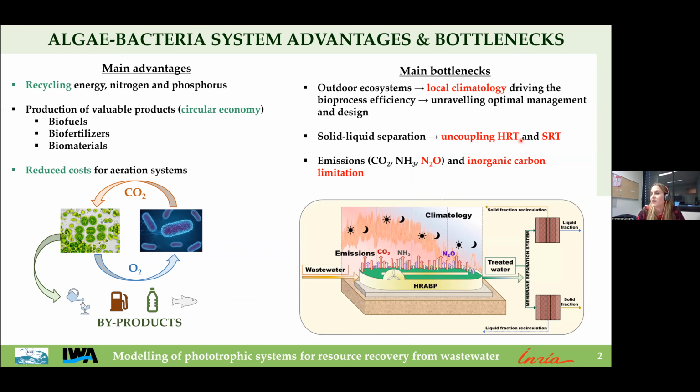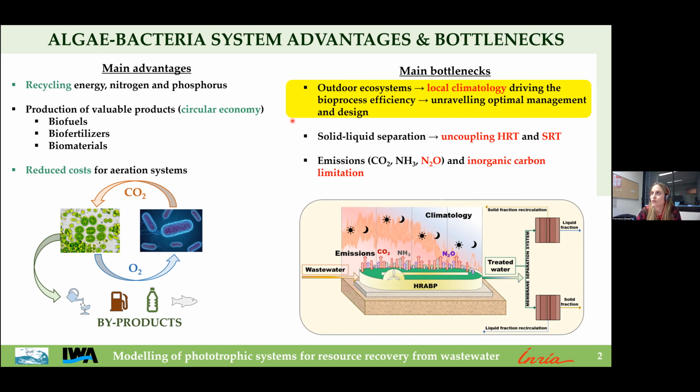The main advantages of this kind of system are that we can recycle energy, nitrogen, and phosphorus contained in the wastewater. We can also produce valuable products, favoring a circular economy through the algal biomass, and we have reduced costs for aeration. But we also have some bottlenecks. For example, the fact that these systems are outdoors, so they are completely subject to uncontrolled environmental conditions, mainly light and temperature, according to the local climatology.